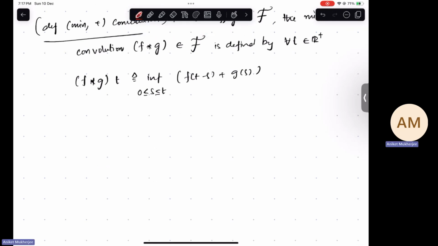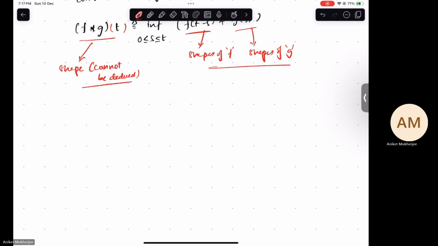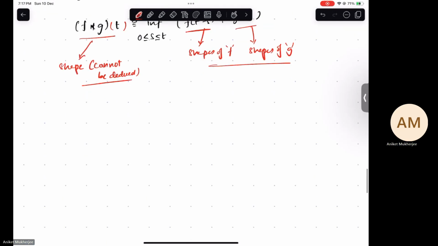Similar to the convolution that we do, the shape of the convolution cannot be deduced from the shapes of f and from the shapes of g, right? But intuitively, what you do is you slide one function along the other and take the minimum hull of this operation. Right, that is what you do.